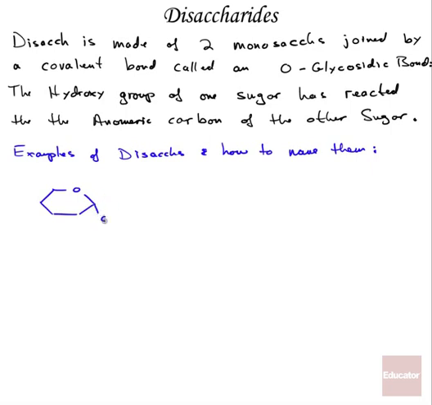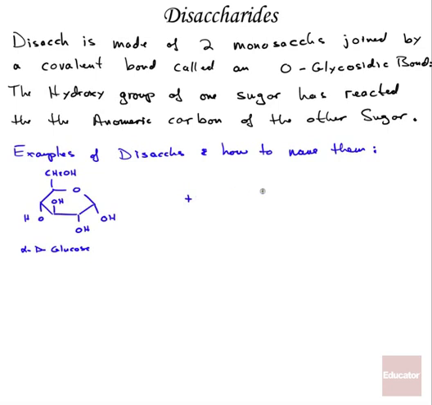So alpha-D-glucose, we're looking at this right here, with CH2OH. Now we're going to be joining it with beta-D-glucose.